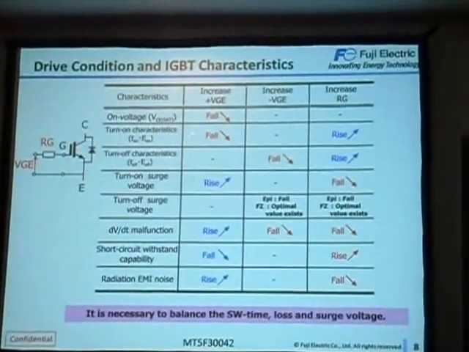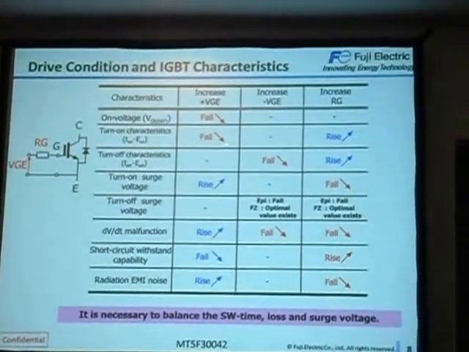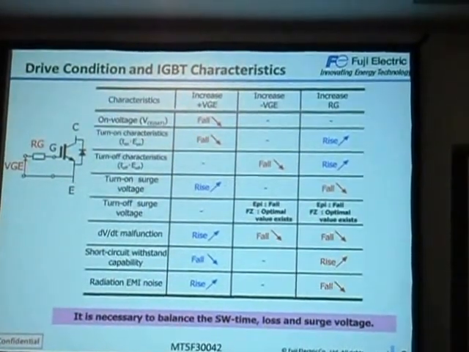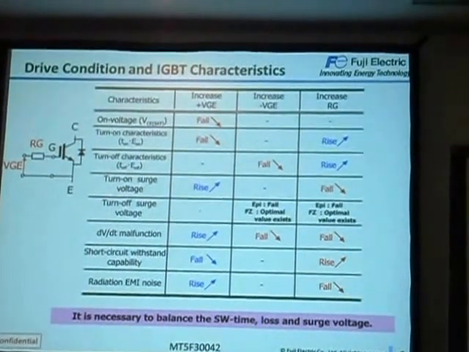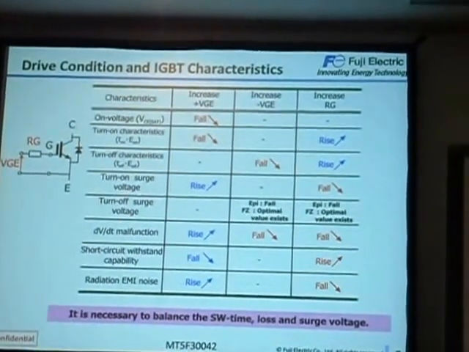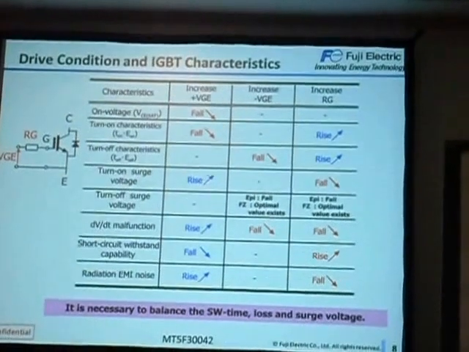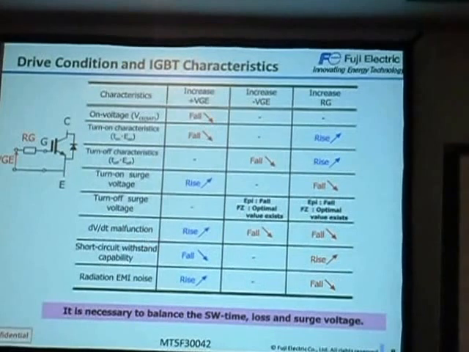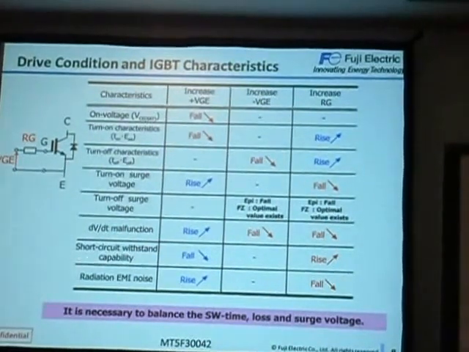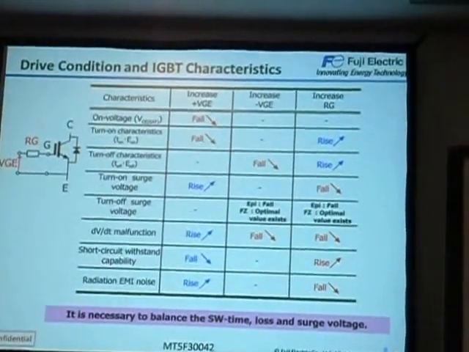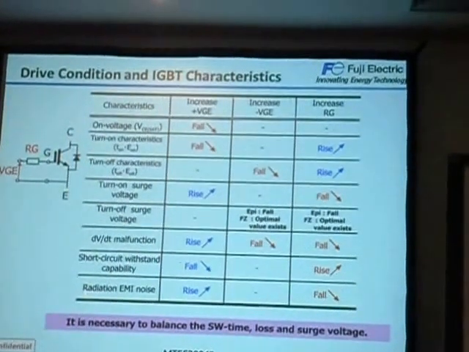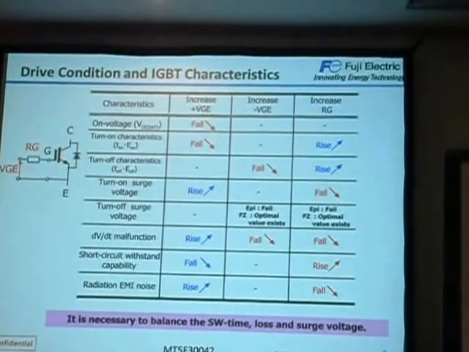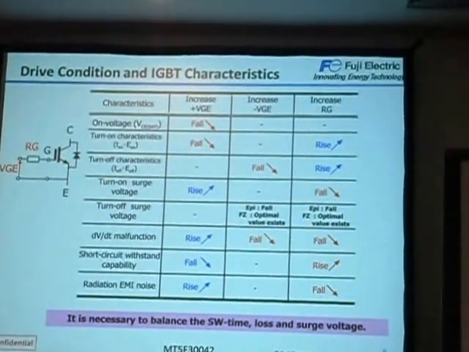Higher switching speed means a higher turn-on surge voltage. The risk of dV/dt malfunction will increase, the short circuit withstand capability will decrease, and the radiation noise will increase because the switching speed will increase.